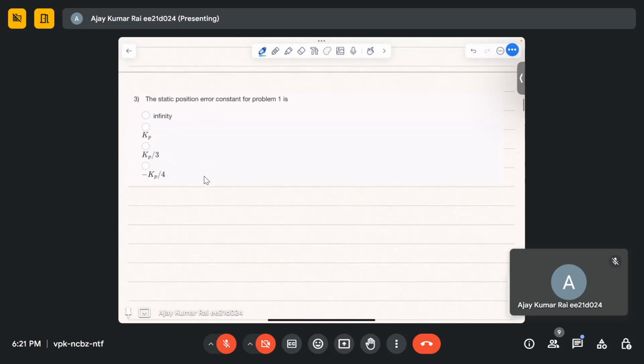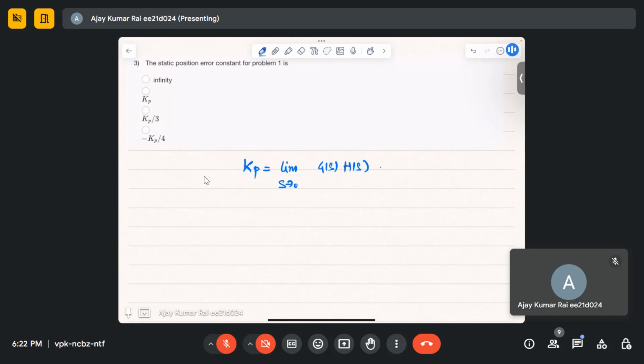The next one: the static position error constant for problem 1. You know what the position error constant is. Let me write the formula. This is the position error constant, right?